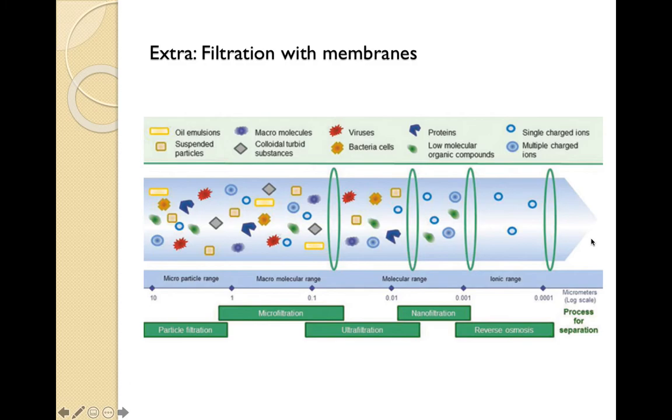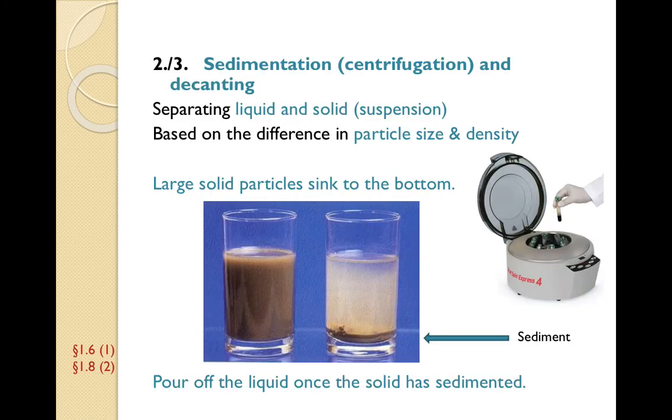So that was filtration with membranes. The second and third separation techniques are sedimentation, which can be sped up by centrifugation, or if it goes slower, we let it decant. And again, this is to separate a liquid and a solid.